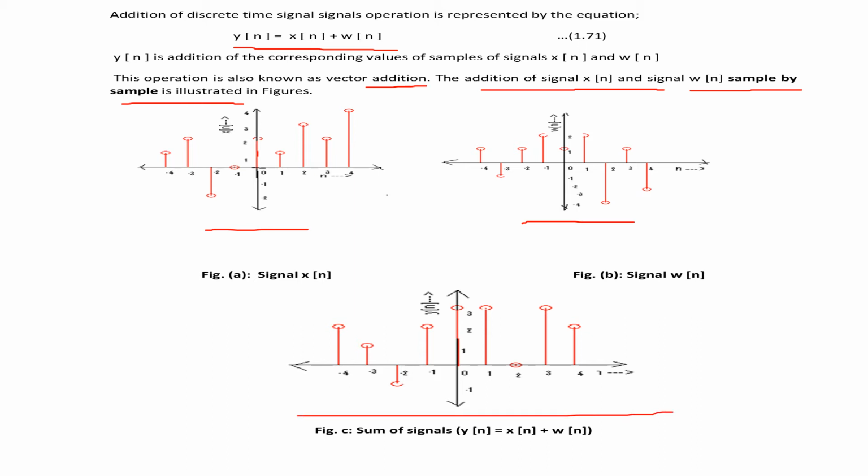So this is the final addition result of the given signals. Here the amplitude has been added, and there is no change in time. For addition as well as subtraction, we have to do it sample by sample, or time by time.